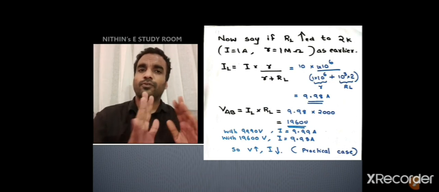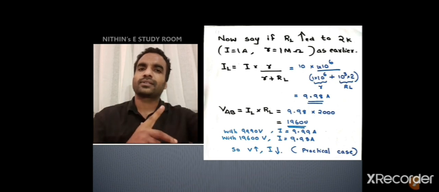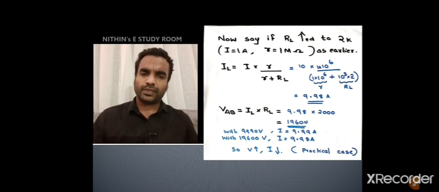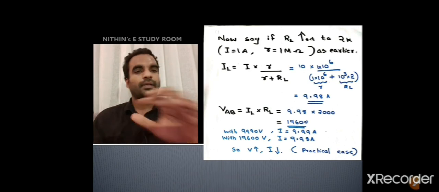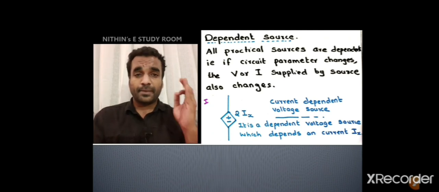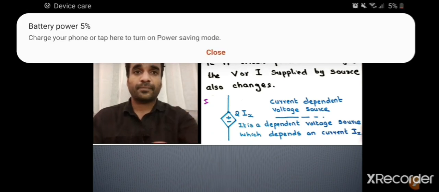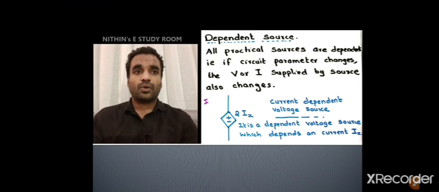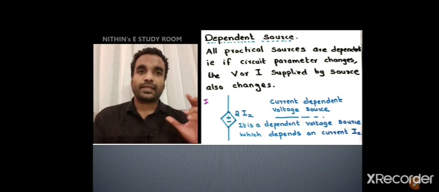If we have 4 resistances in parallel and you remove one resistance, simply the voltage or current value of the source will change. So I can conclude that all the practical sources are dependent sources.